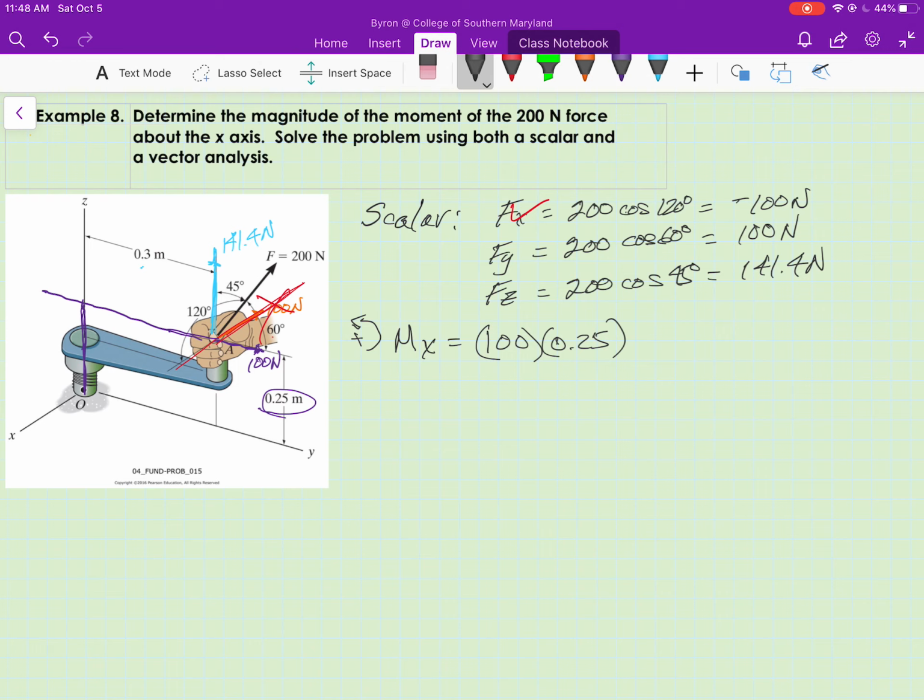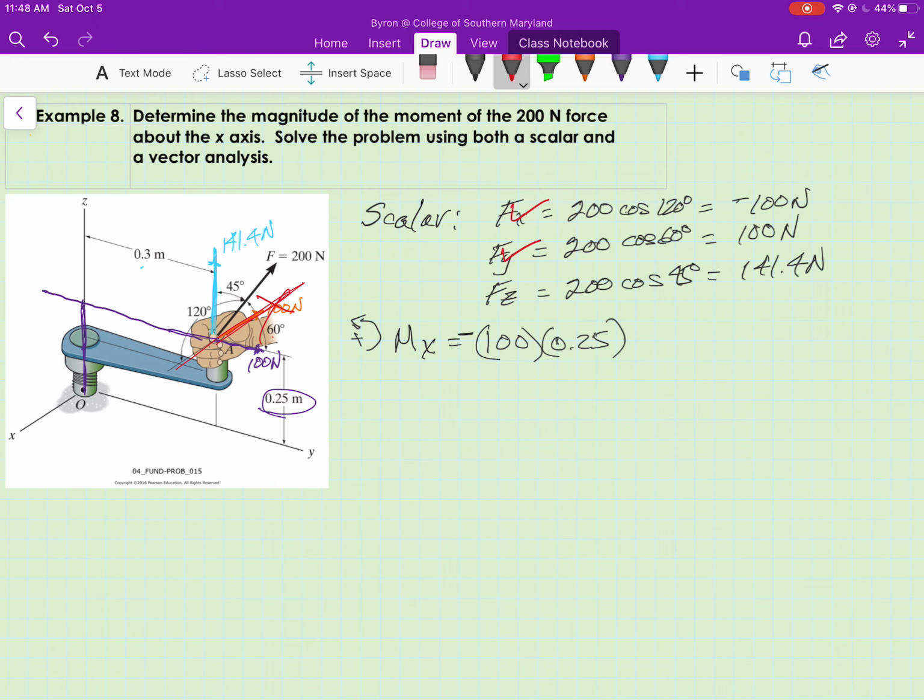So let's look at the direction of the moment created by F sub y. F sub y is above the x-axis, and its direction, its sense, is going to the right. So that is going to create a clockwise moment. So we need to put a negative sign there. Okay, that takes care of F sub y.